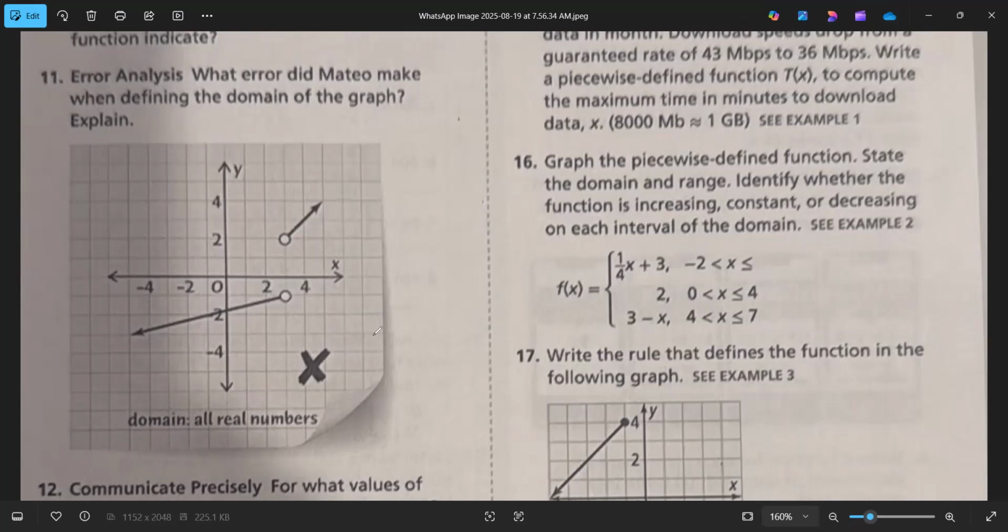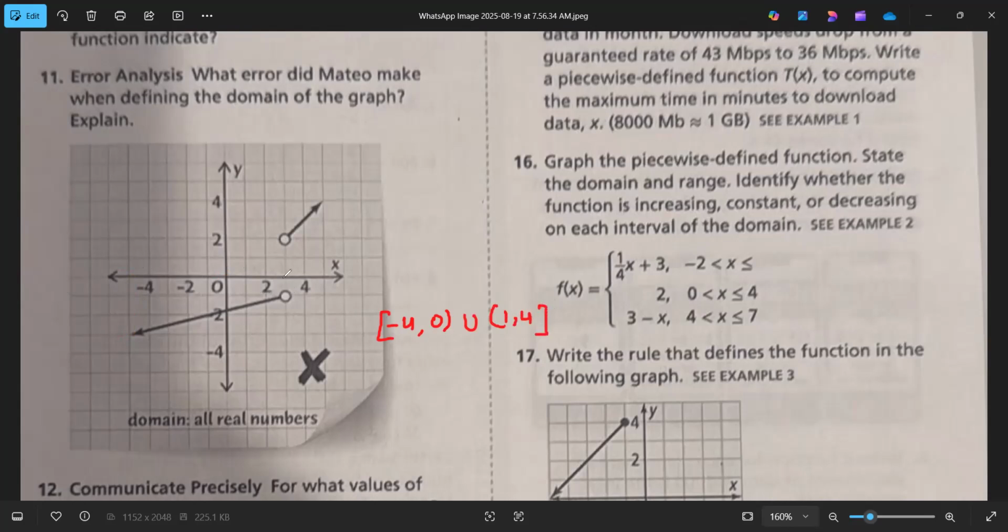So if I ask what the domain is, domain will be what? From minus 4, you can see this is minus 4. So domain will be minus 4 to 0. 0 is an open interval because there is no connection. And 1 to 4.